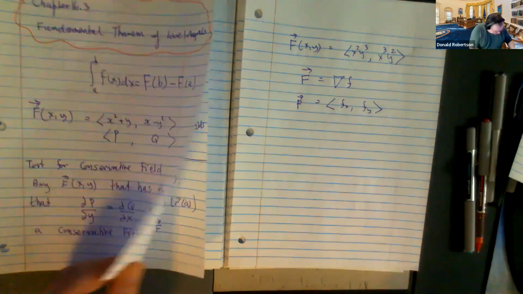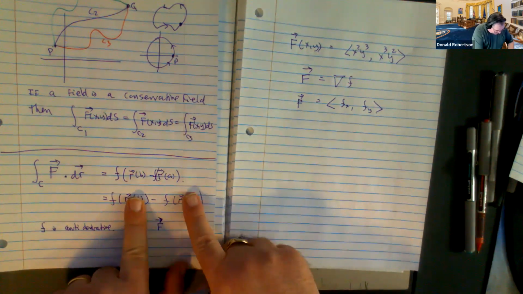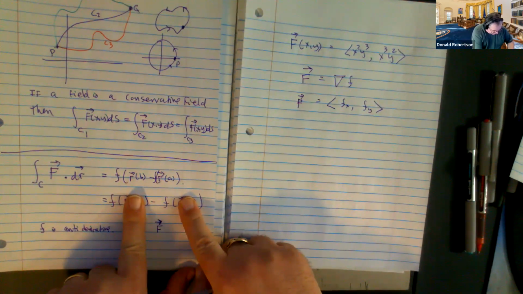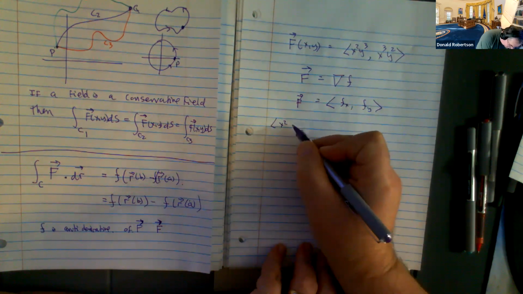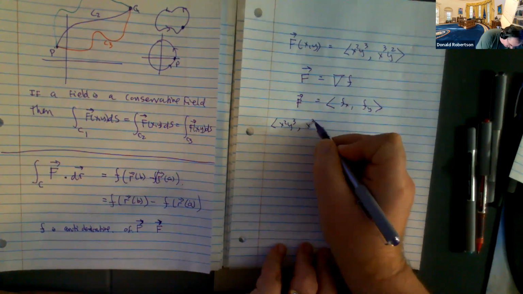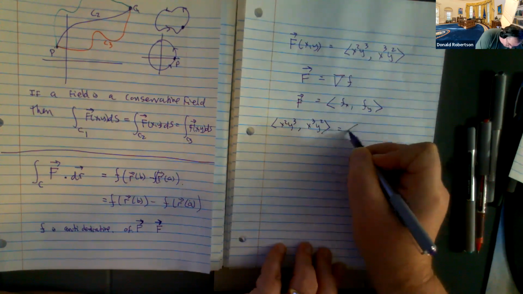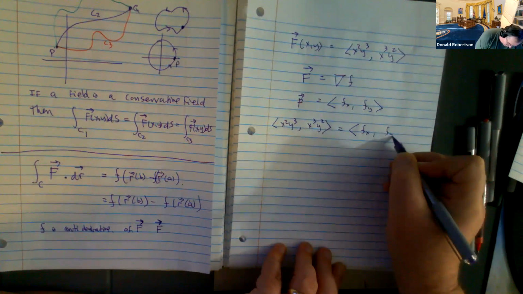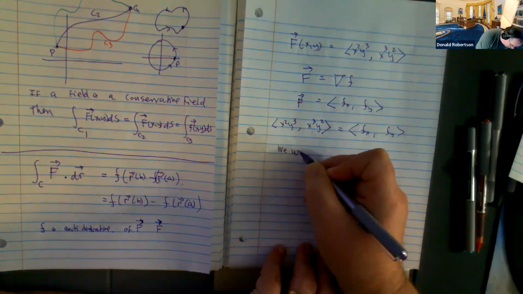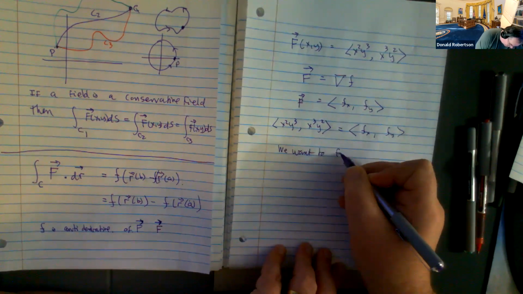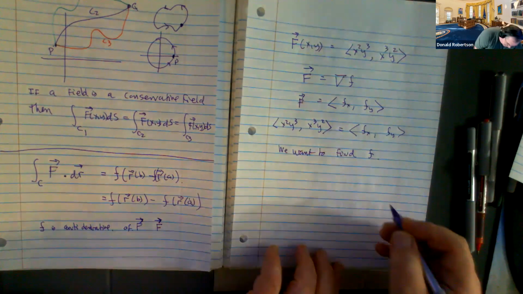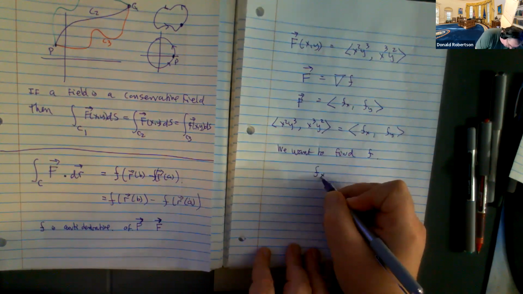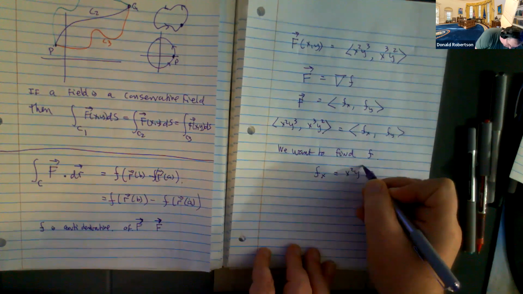So if this guy is x squared y cubed, and this guy is x cubed y squared, and we know it's equal to this, we want to find who little baby f is. So what do I know? I know that the partial derivative with respect to x is this guy.